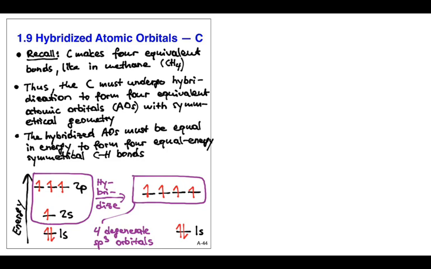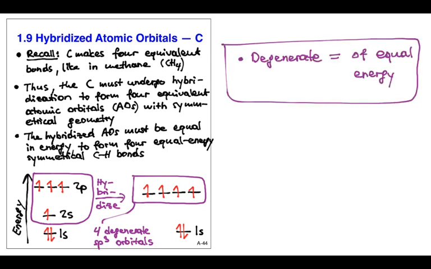And we fill in electrons. Now all of these 4 orbitals have 1 electron in them, all with equal spin to follow Hund's rule. Just a definition here: degenerate generally means of equal energy.